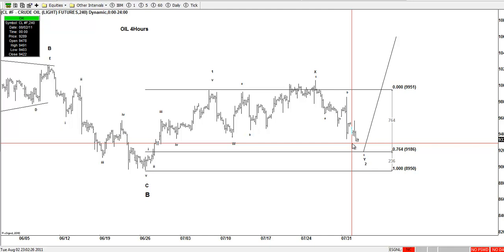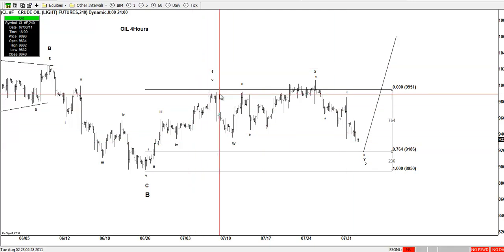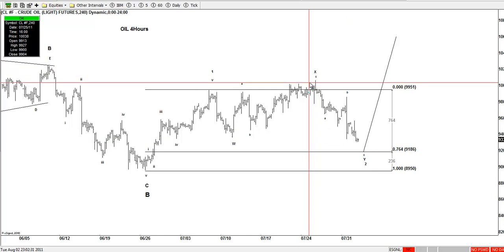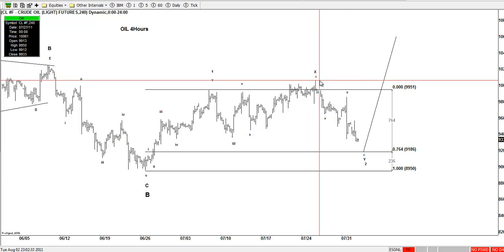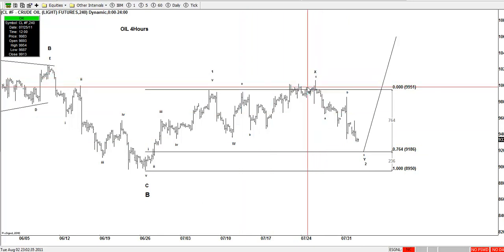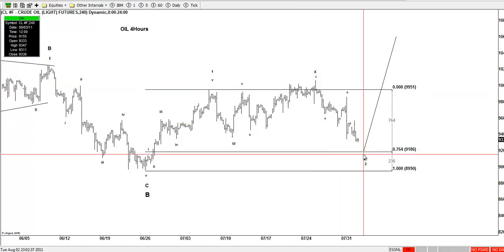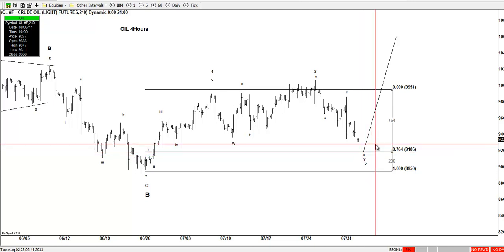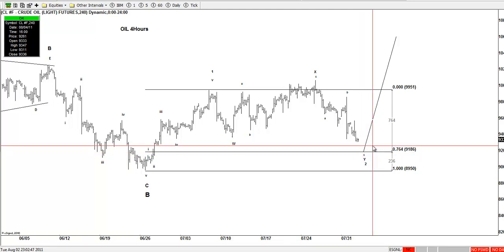That's my bias, guys. Look at oil: A, B, C in a flat, and then right here it did a B-wave flat, and right here ABC. I've been saying that oil should turn higher from around the 92, 93 area. We're getting close, and that's what we expect.